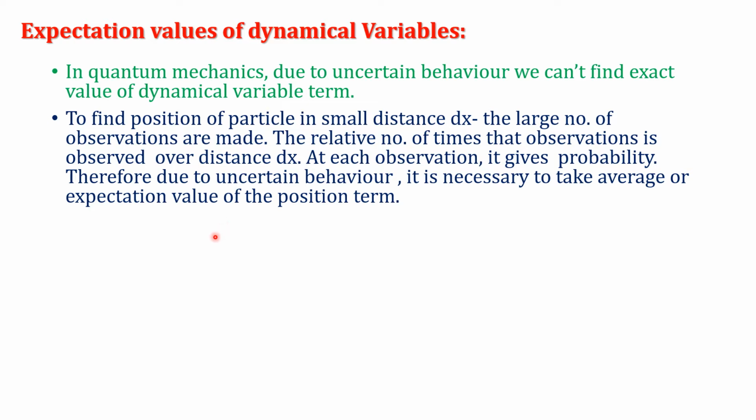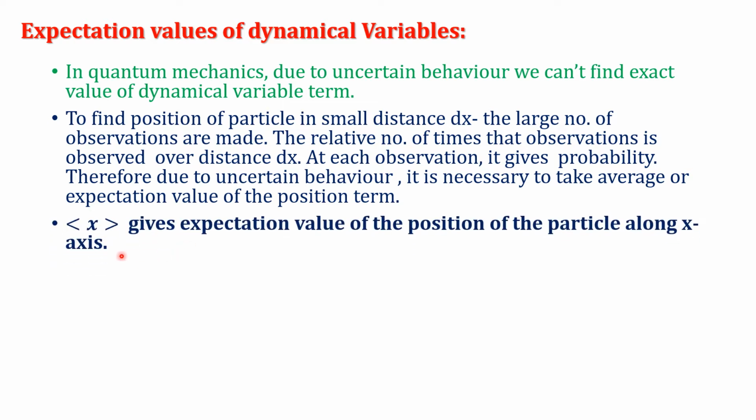That expectation value of any dynamical variable like position is denoted by the angle bracket x. That angle bracket x gives the expectation value of the position of the particle along the x-axis.